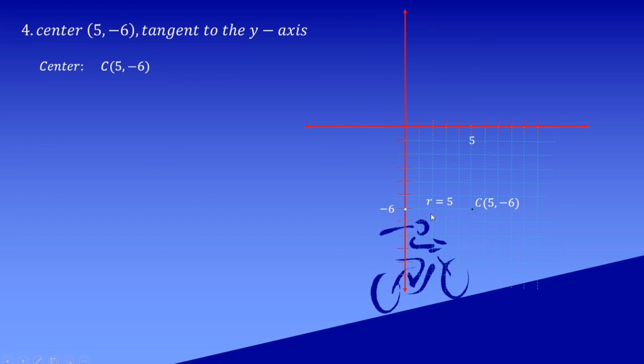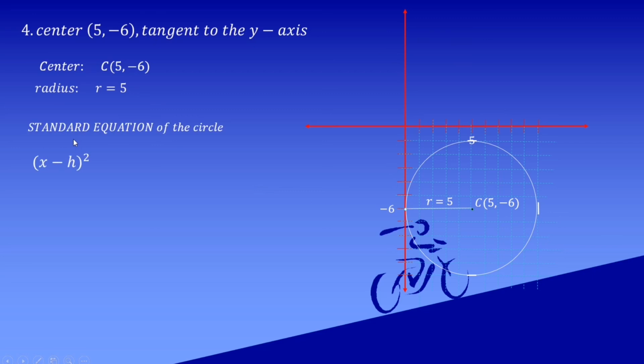Okay, from the center, yung sukat natin is 5. 5 units away from the center, and the other measurement from the center is 5 also. And the right side is also 5 units away from the center. So it connects all the points. It forms a circle.